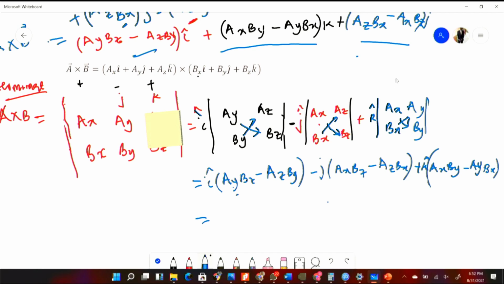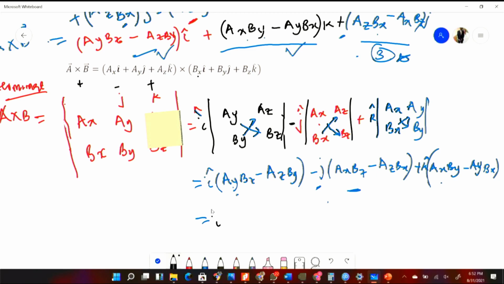We have ax by minus ay bx, so this is also the same. But what is different is this third component. So what happened? This is positive, this is negative. So let's do the right thing. This is mathematics, so let's do it together.